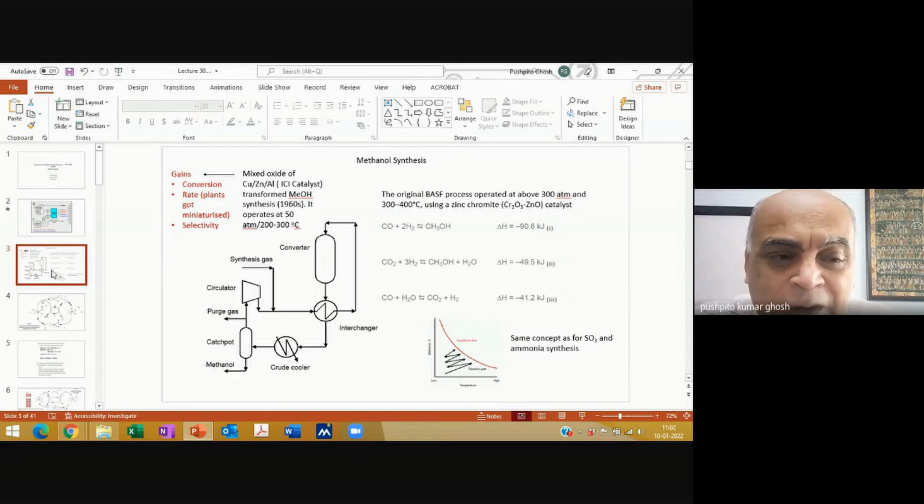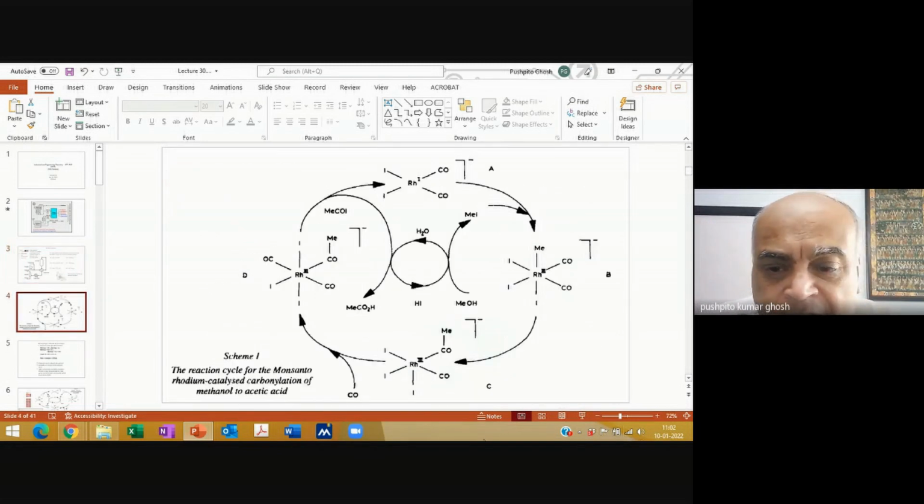So what people thought is that look, if I can somehow insert CO into methanol, then I'll basically have CH3COOH, right? So that became a very, very hot area of work.